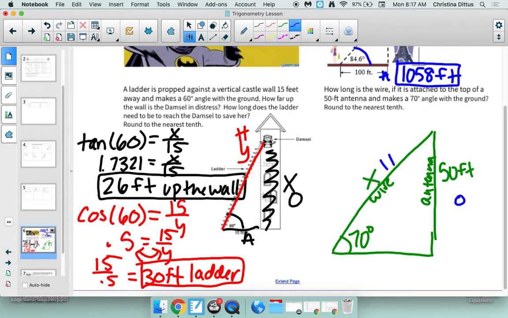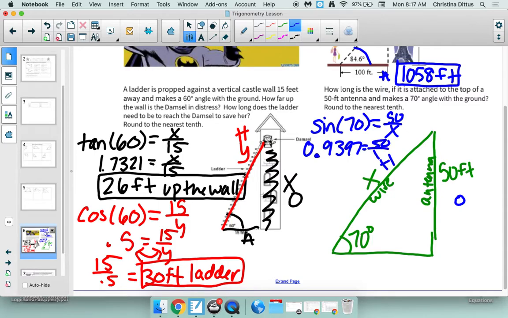So SOHCAH or TOA. I got the sine of what? 50 over x or x over 50? 50 over x. What is the sine of 70? 0.9397.